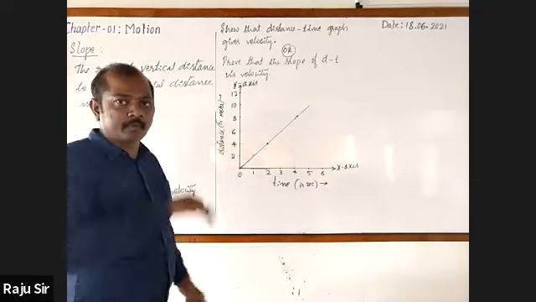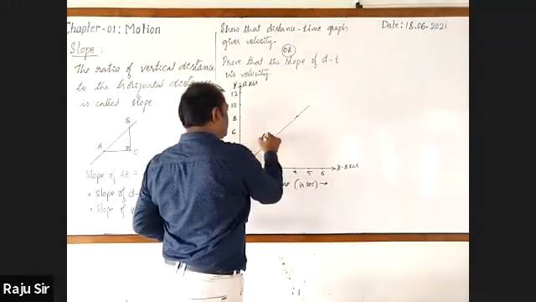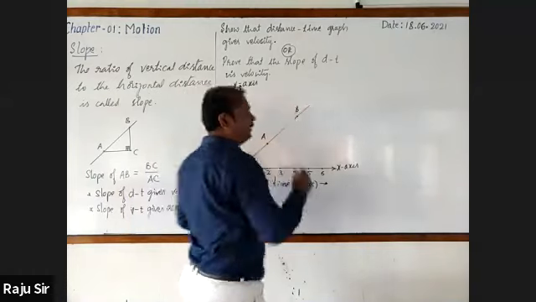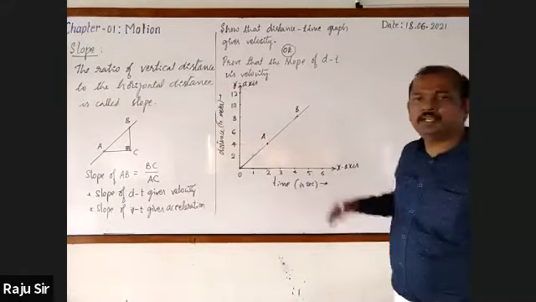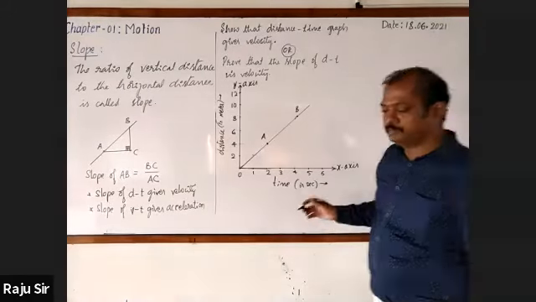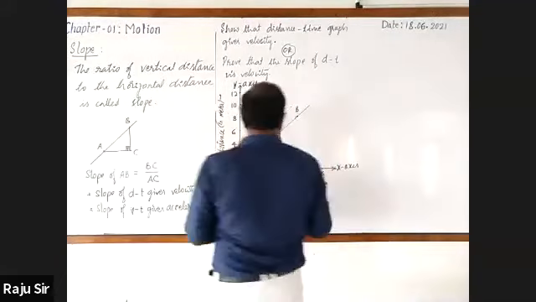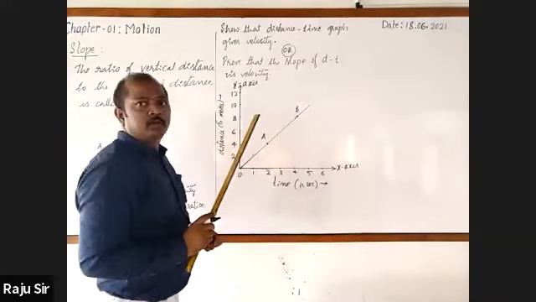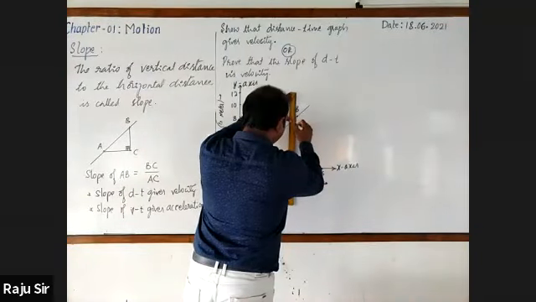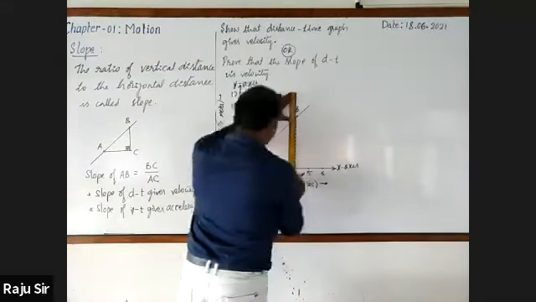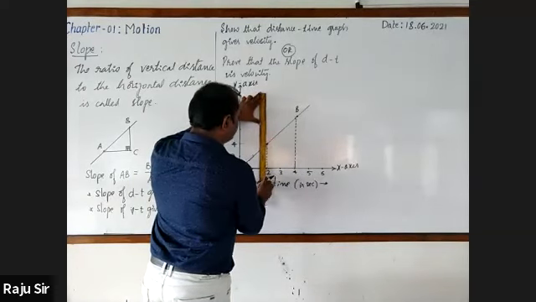Now you will go for marking the points A and B. Mark the points A and B on the line, any 2 points. Next, draw the perpendicular line from B to x-axis as well as from A to x-axis.